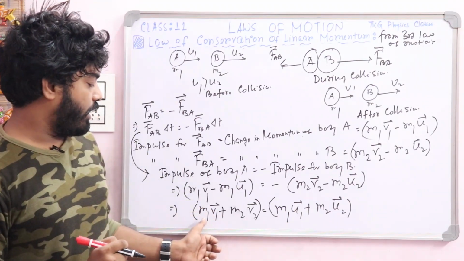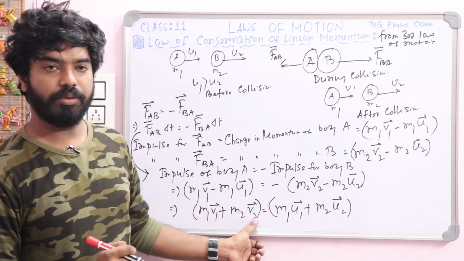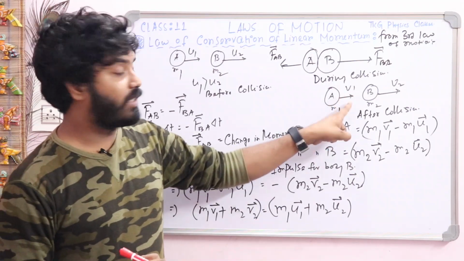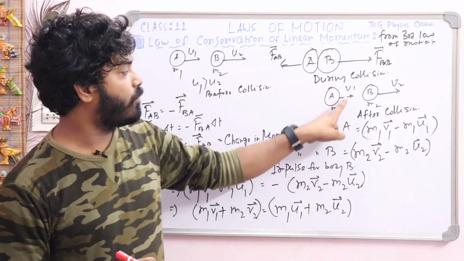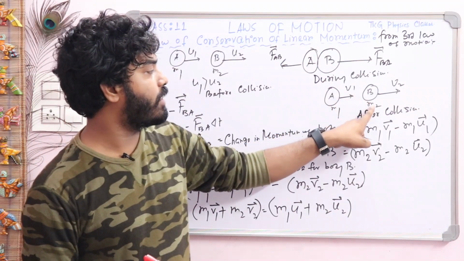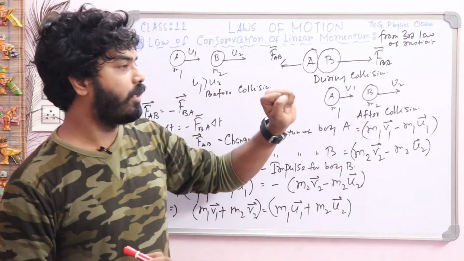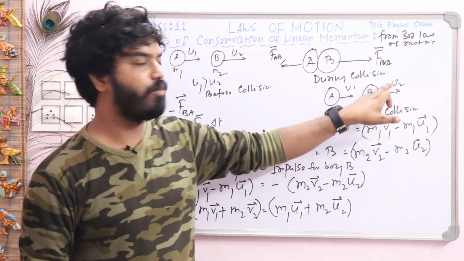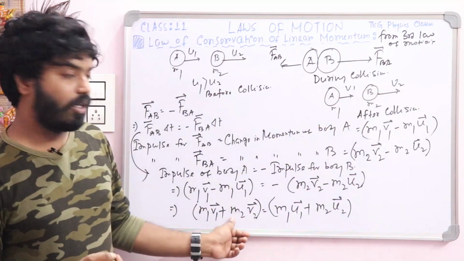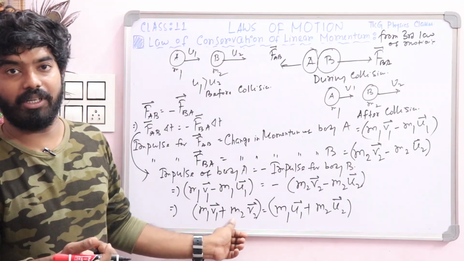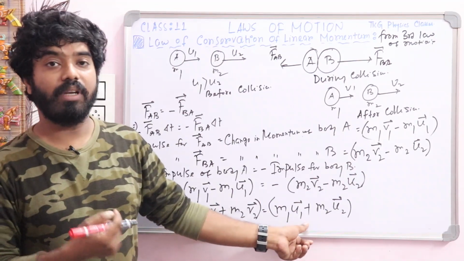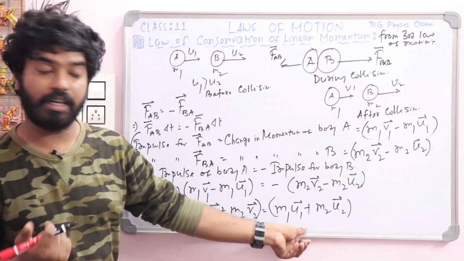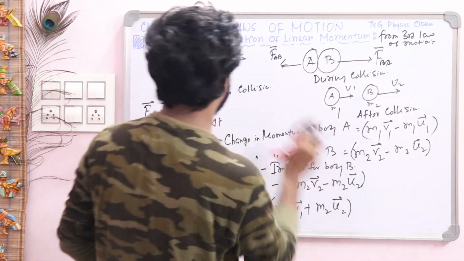And this one, m1 v1 plus m2 v2, is after collision. The first body has mass m1 and velocity v1, the second body has mass m2 and velocity v2. So after collision, the total linear momentum is m1 v1 plus m2 v2. This is the expression of linear momentum after collision, and the other is the expression before the collision.